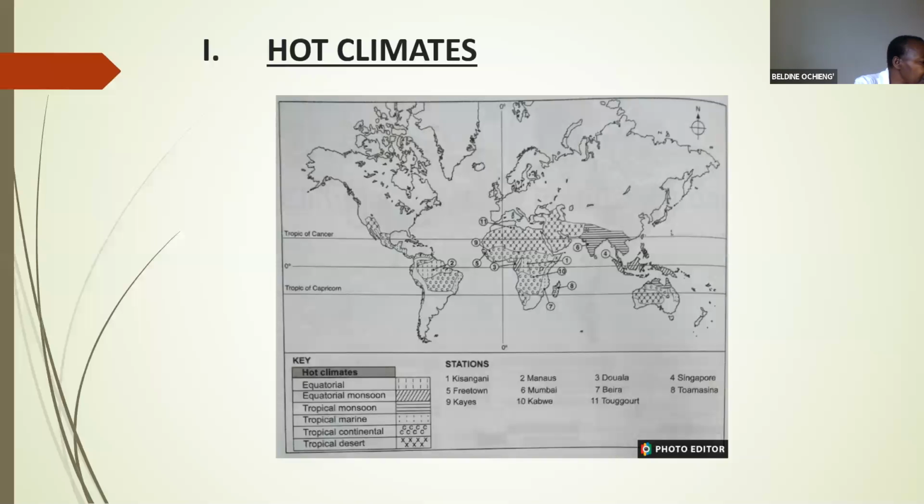Then tropical desert. For desert, we can never go wrong. Hot desert, nights are very cold, days are very hot. That is a clear indication of how we can tackle characteristics of these regions.